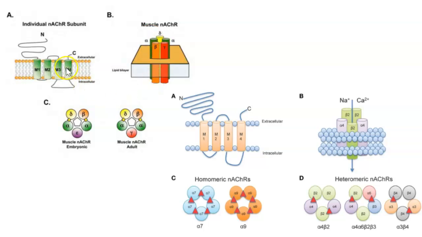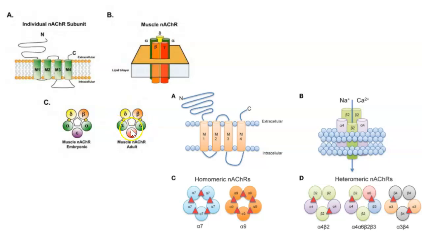But there are small amino acid changes that give them the different subunit types. And so for embryonic muscle nicotinic acetylcholine receptors, there's a different subunit as opposed to the gamma. It's an epsilon instead of gamma, but this is what an adult muscle nicotinic acetylcholine receptor looks like.